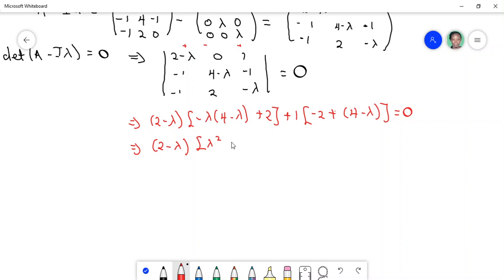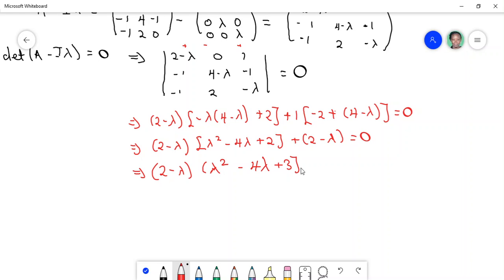Then if I take lambda squared minus 4 lambda plus 3 equal to 0, this gives us lambda minus 1 and lambda minus 3 equal to 0. This implies that I have lambda equal to 1 and lambda equal to 3. So I have 3 roots for lambda.